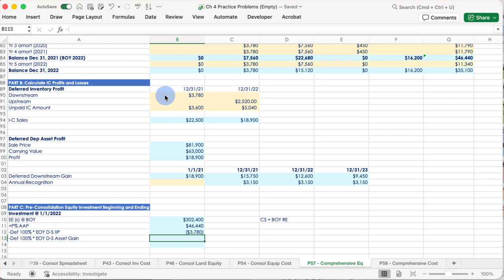And then we're also going to subtract out the downstream asset gain, so we'll grab this 15,750. And then we'll sum this up, and we get 329,310.